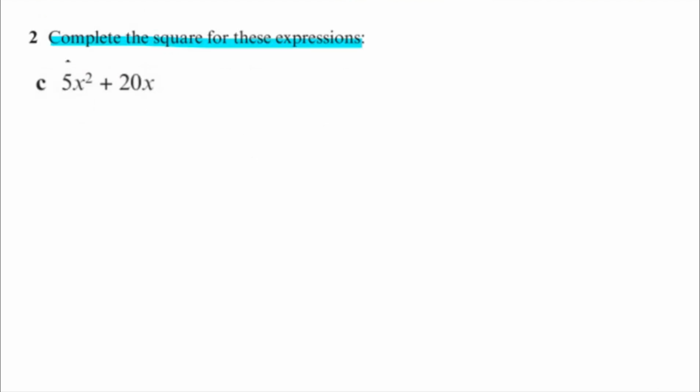One more question. Question 2. Complete the square for this expression. Now here I have a coefficient. Try to first remove the coefficient by taking it common. So I will put 5 into x squared plus 4x. Now this 4 is my b. So b divided by 2 will give me 2. 4 divided by 2, which is 2.